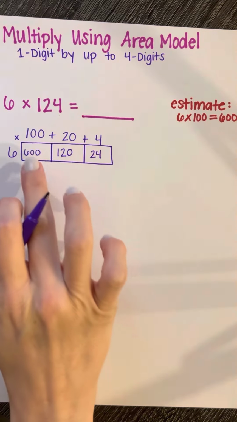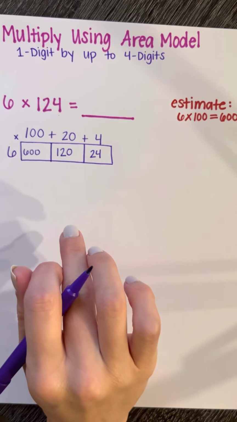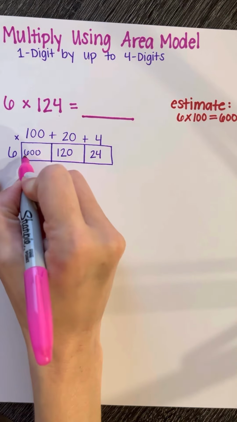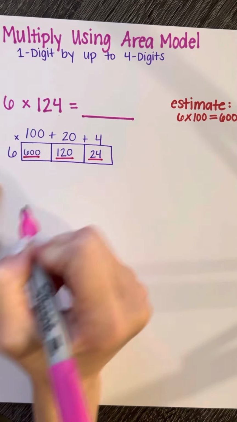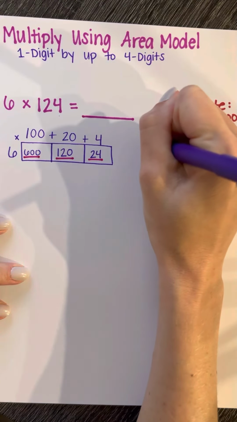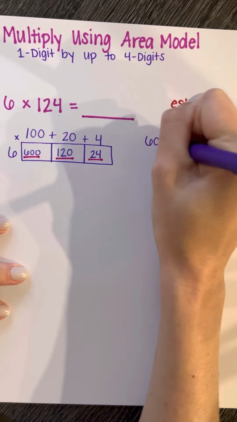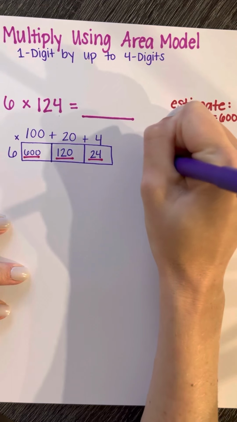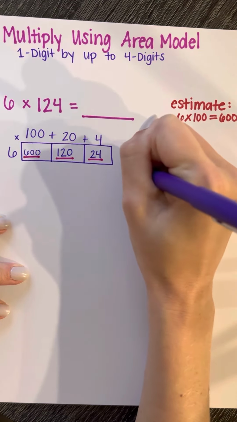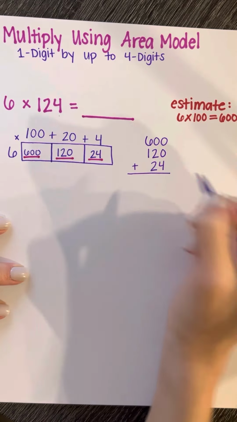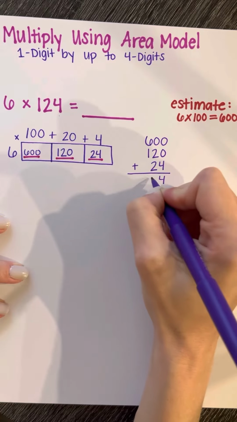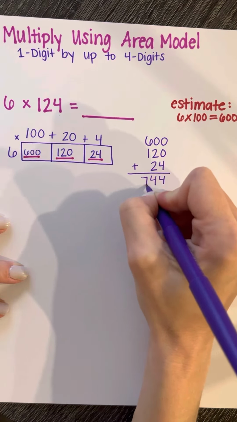Now that we have all of our boxes filled in, we can take each of these 3 partial products and add them together to get the whole product. So we take 600, 120, and 24, and then we can just add them all together. The 4, another 4, and then our 7.